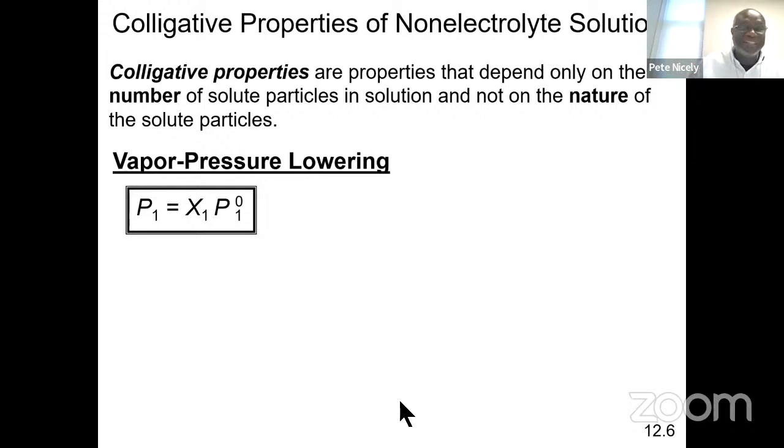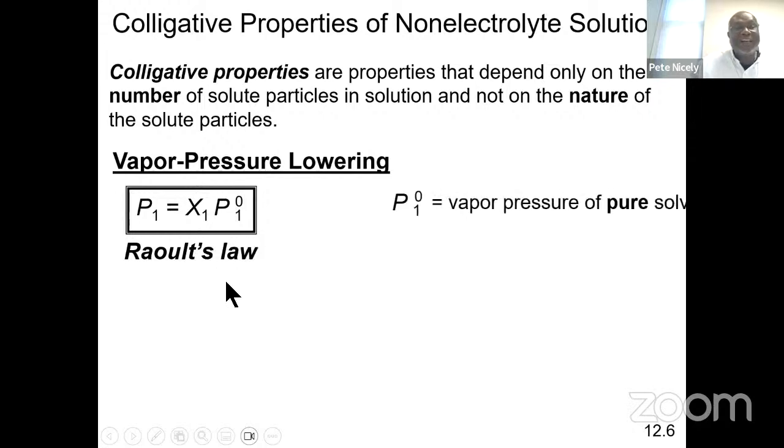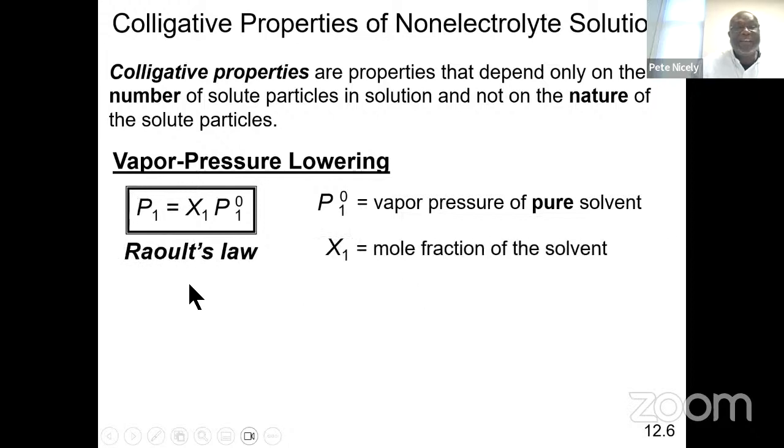The equation you're looking at here is known as Raoult's law. This law relates the vapor pressure of a solvent to the vapor pressure of a solution, depending on the mole fraction of the solute or the solvent that is present in the solution. So that's the relationship here.